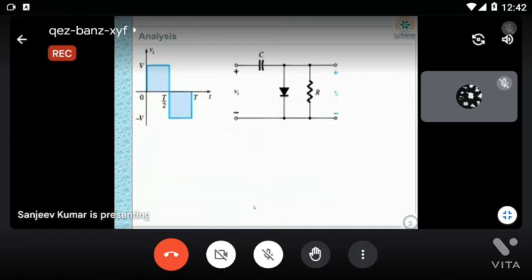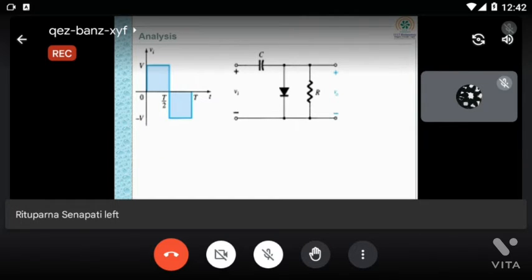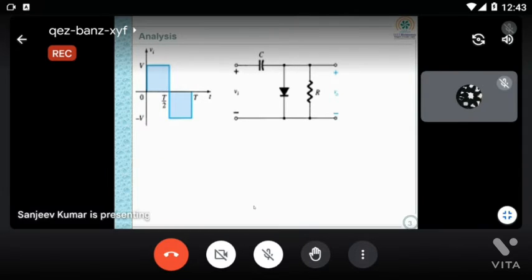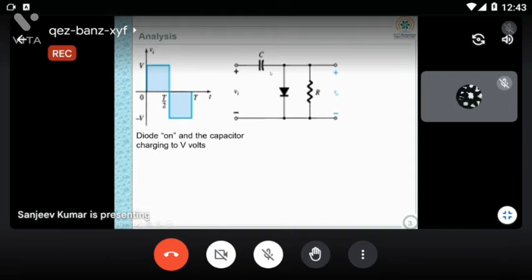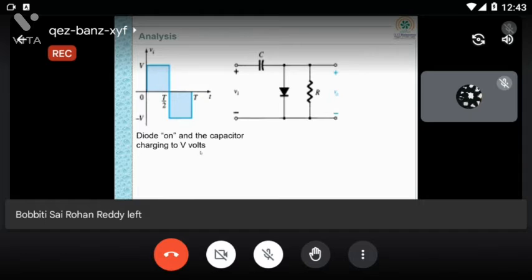The same steps you can follow for any type of clamper circuit. So first you remember to charge the capacitor. For the capacitor to charge, the diode should be forward biased because then the circuit will complete, then the capacitor will be charged. So diode on and the capacitor charging to V volt.